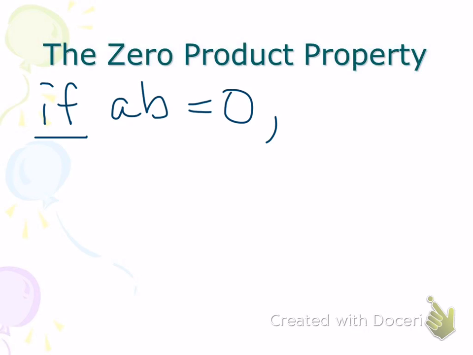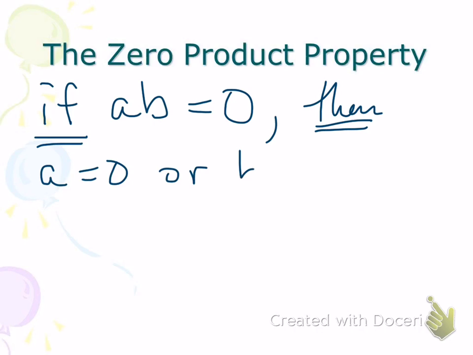Here's my hypothesis: if, then is the conclusion of this statement. What can we conclude if A times B equals 0? A equals 0 or B equals 0. Well, they could both be 0, but the or allows for that conclusion, right? If A times B is equal to 0, then A equals 0 or B equals 0.